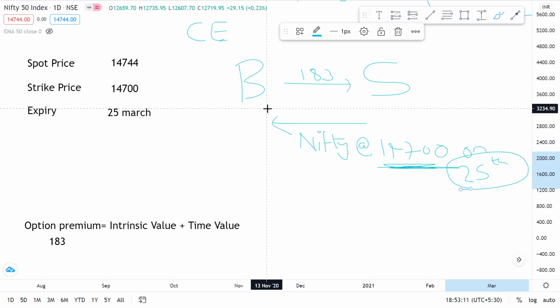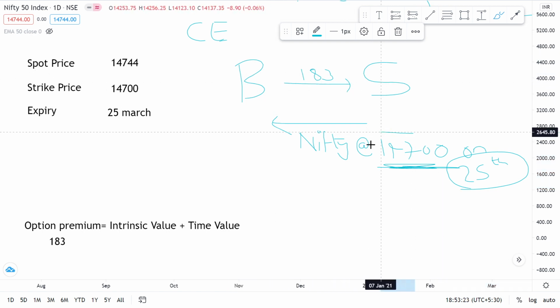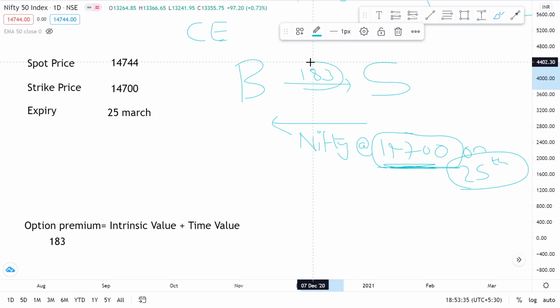Now in the context of stocks, he would get one stock at this strike price. Since we are discussing Nifty, the buyer would get the Nifty at 14,700, and then he can sell it at the spot price of whatever it is on the 25th of March. That net amount is his profit or loss, and this 183 is the initial investment or the payment he makes to the seller.